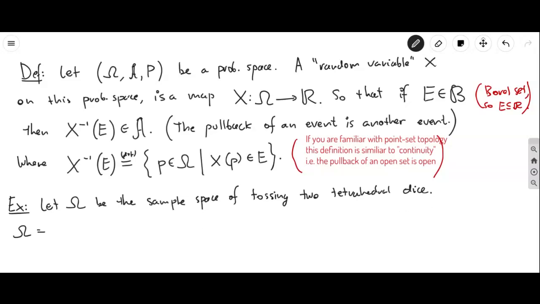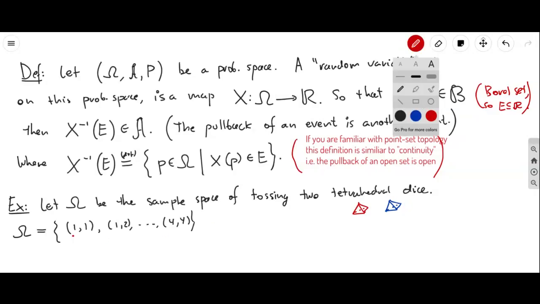If you write this out, you're tossing two of them, so you're going to have pairs: 1, 1, 1, 2, up to 4, 4. You have two dice, and you can distinguish between them. Maybe one of them is colored red and the other blue. The first coordinate represents the red one, and the second coordinate represents the blue one.